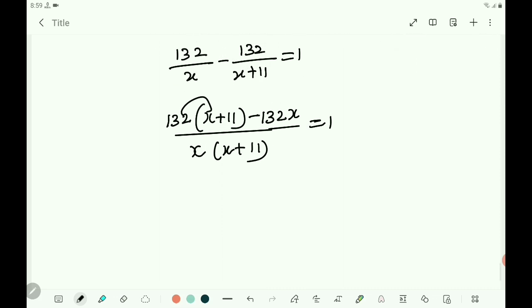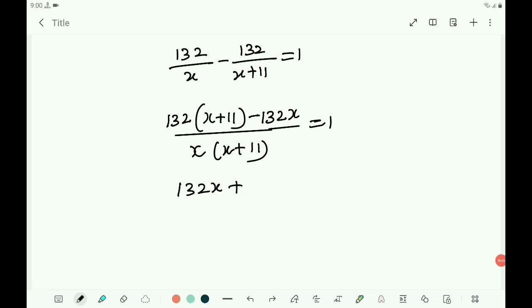Multiply 132 and x plus 11. 132 into x is 132x plus 132 into 11.